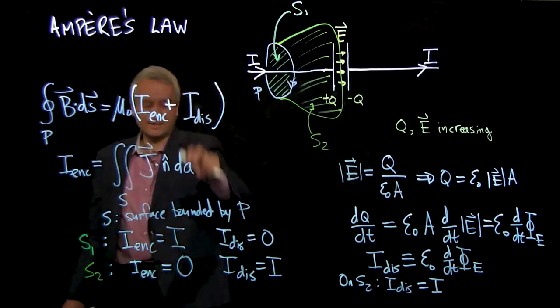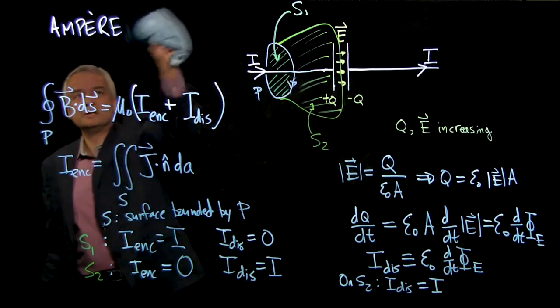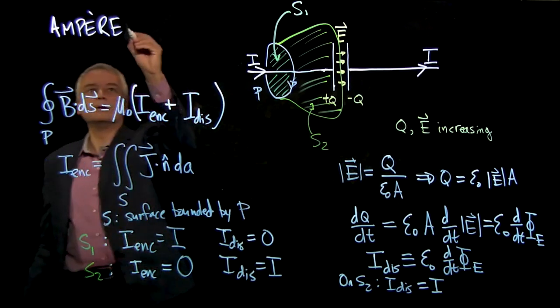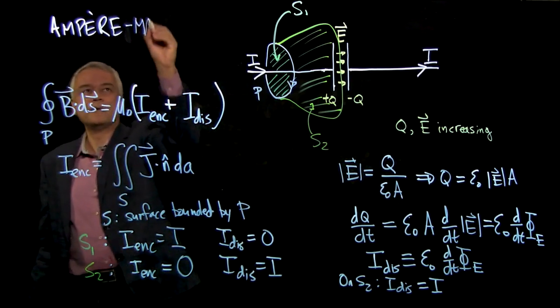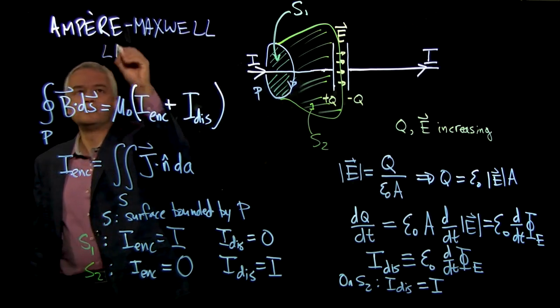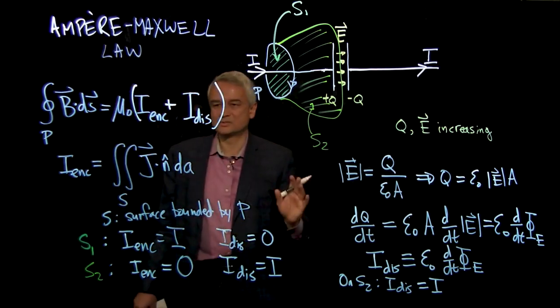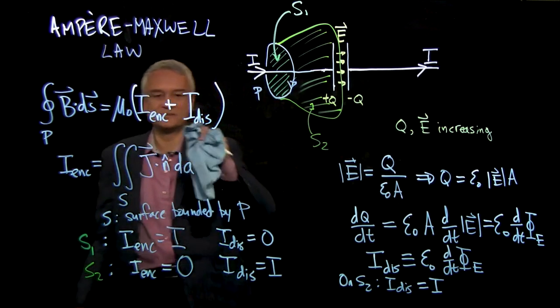And as soon as I do that, this is no longer Ampere's law. This is the Ampere-Maxwell law. And in fact, this completes Maxwell's equations. This completes the structure of 802.